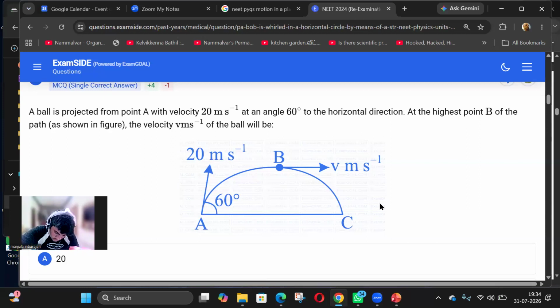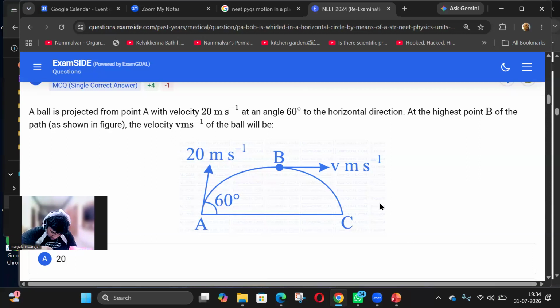Angle equal to 60 degrees, towards the highest point. H max is u square by 2g, u cos theta square. Just a minute, sir.